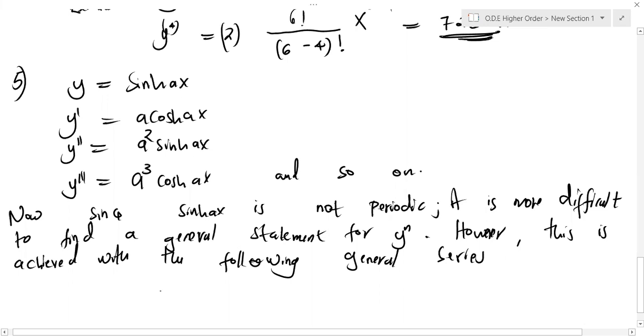However, this is achieved by the following general series. So the general series is y^n is equal to a^n over 2.